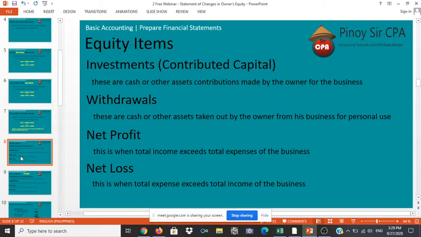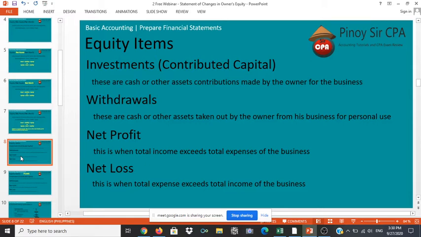So, here are the equity items or components of equity. We have investment, withdrawals, net profit, or net loss. Commonly, 4 items yan for a sole proprietorship. Pagdating sa other form of business, madadagdagan yan, lalo na sa corporation. May mga madadagdag na equity items.